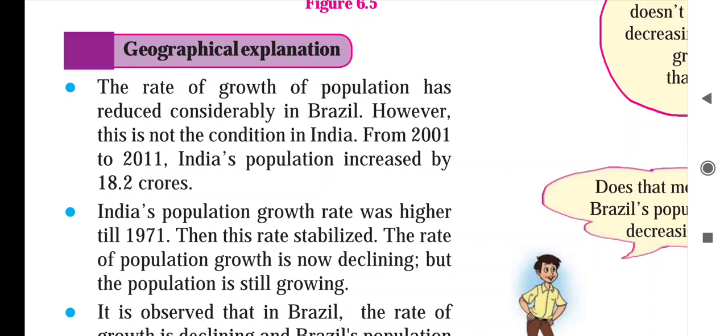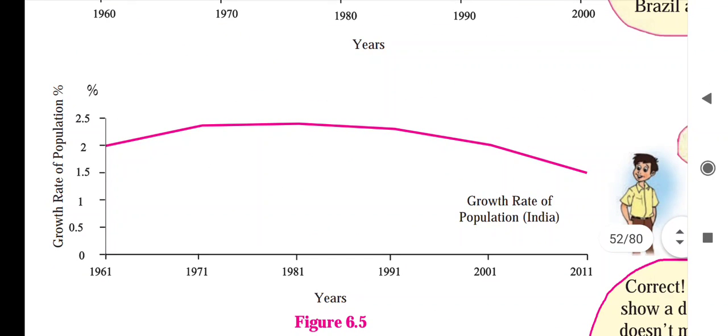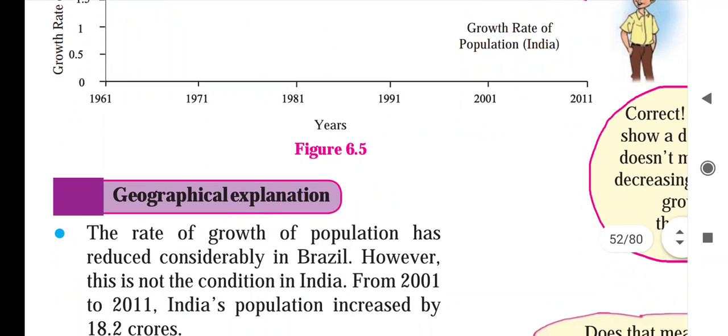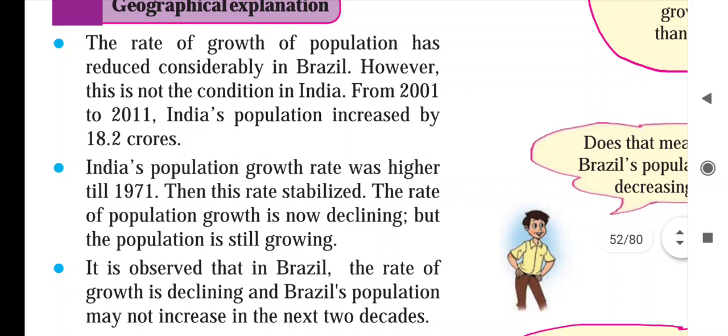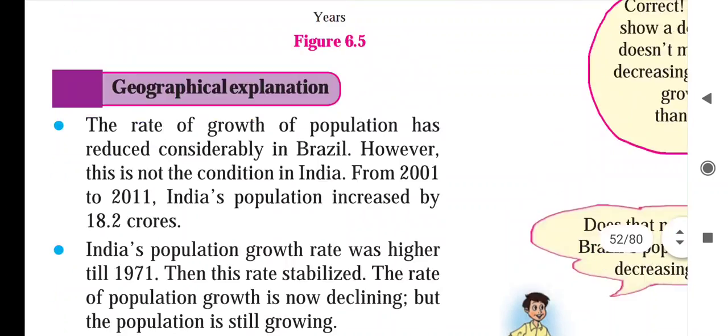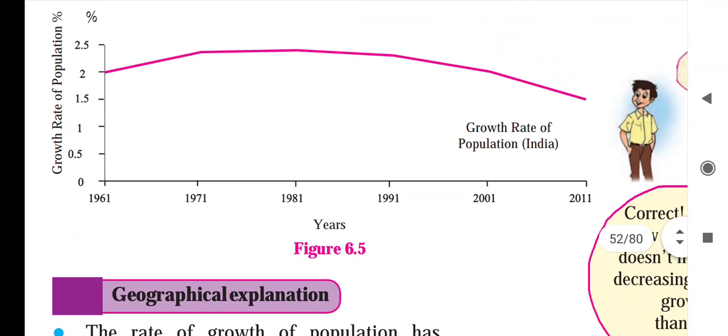Though the graph is going down, the population increased by 18.2 crore. India's population growth rate was higher till 1971, as here we see in 1971 the graph is going upside.